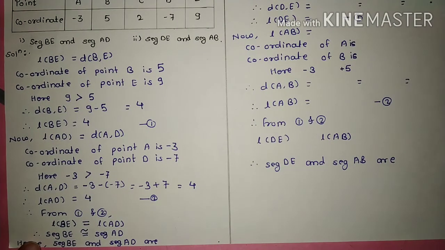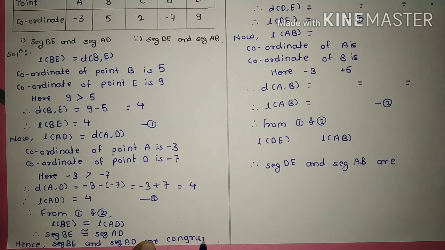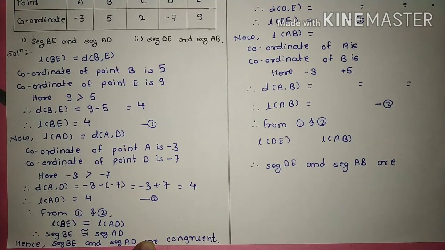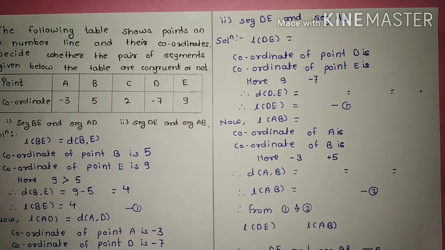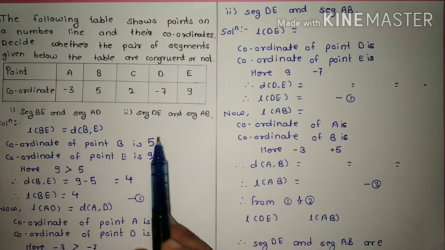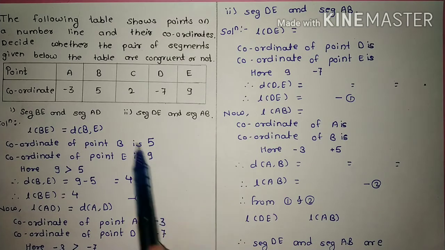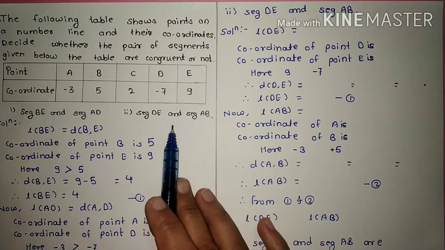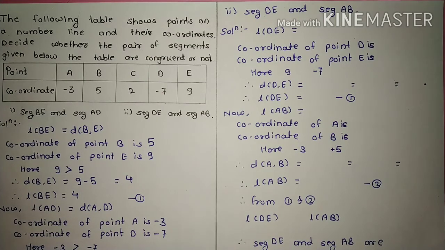Hence segment BE and segment AD are congruent. Now see second pair. Second pair is segment DE and segment AB. Similar way we can decide this pair is congruent or not.